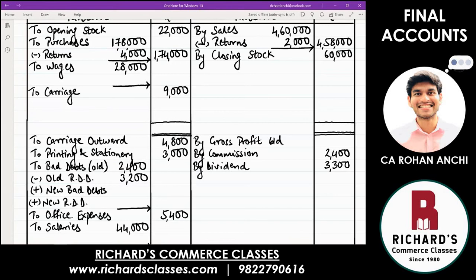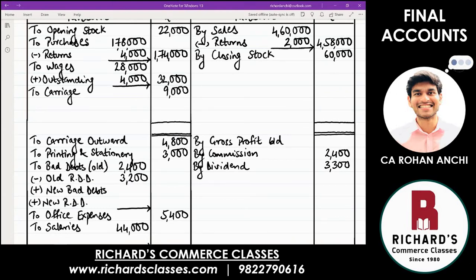So first one is for wages, which is in trading account, plus outstanding. Amount of outstanding wages is 4,000. Add up and tell me the value in the outer column. 32,000. Good. That's right, 32,000.